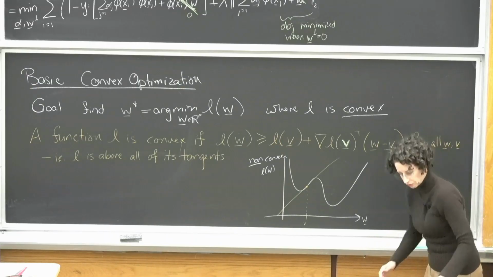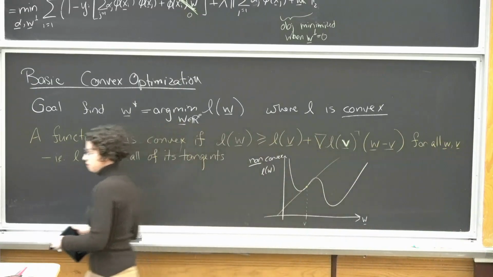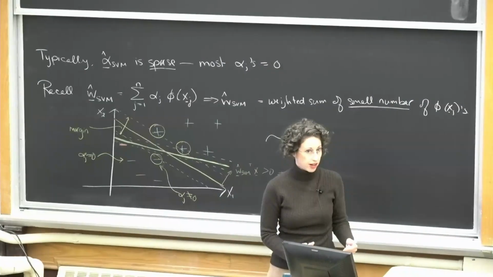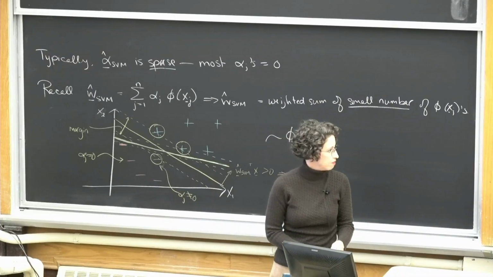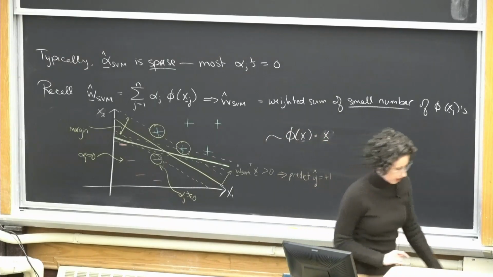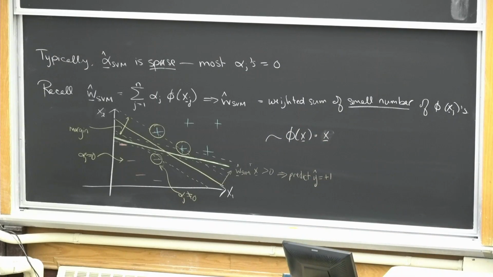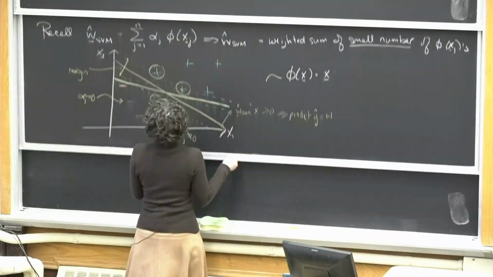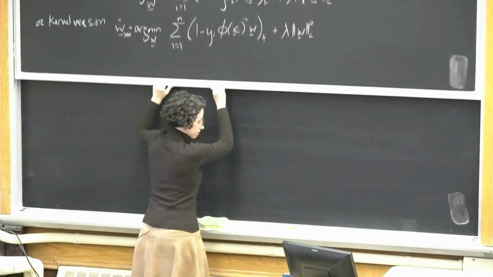Okay. So now what we want to do is we want to say, when our function is convex, how do we find the minimum of it? And what we are going to do first, we're going to talk about gradient descent.